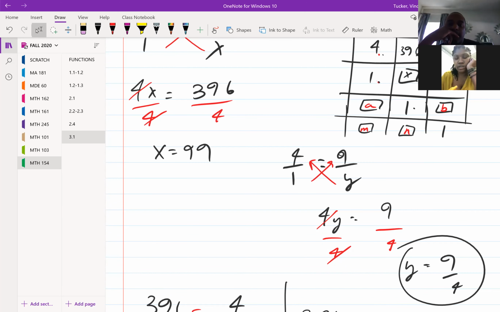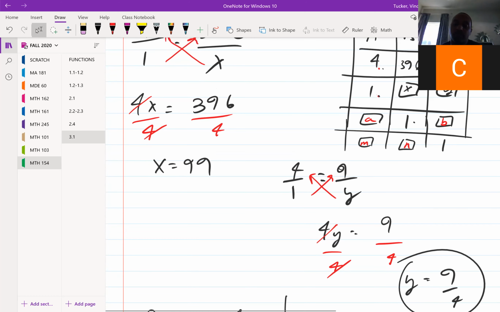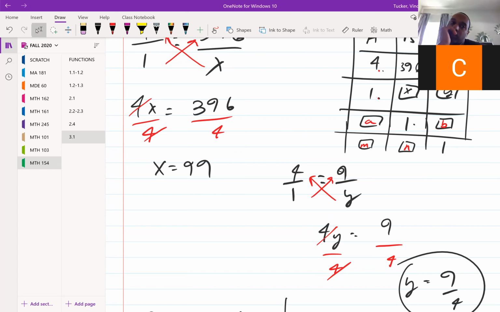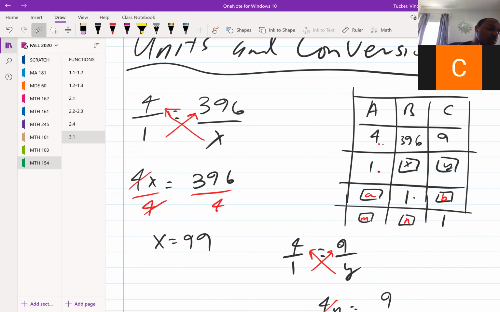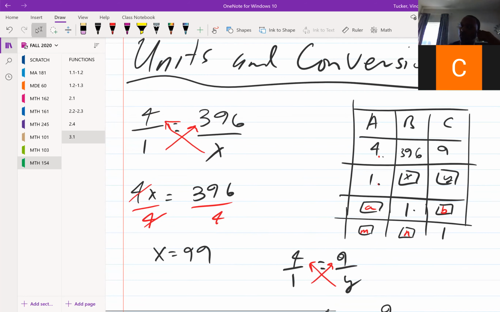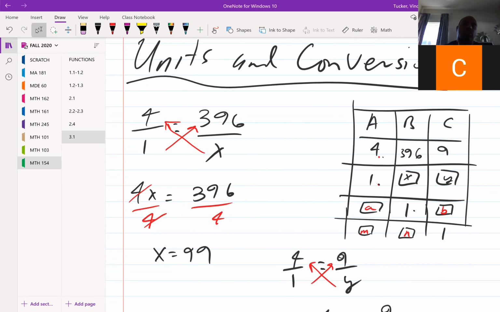I have a question. Yep. Okay, so I see where you cross multiplied. Can you pull the screen back down to the original? Okay, so 4 over 1 equal to 396 over X. So if you cross multiply, where do you get the divisor of 4?